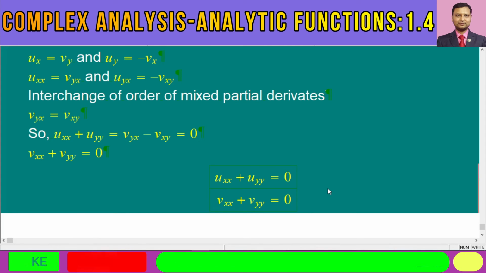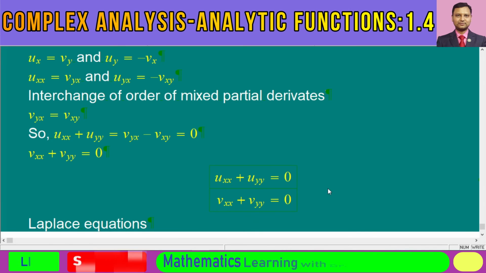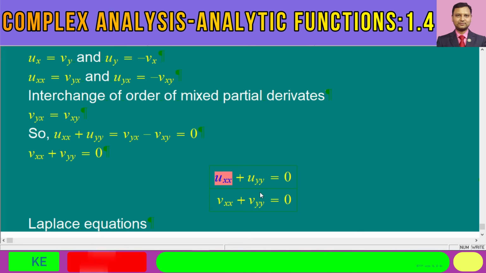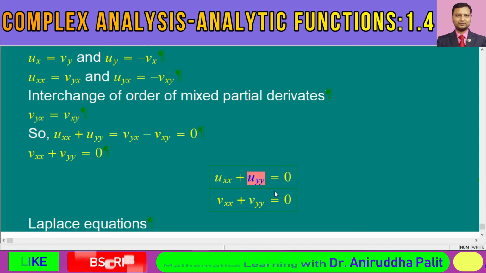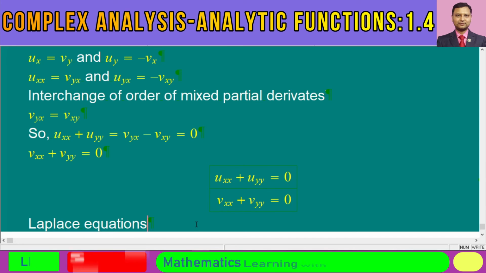These two partial differential equations are called Laplace equations. The double derivative with respect to x plus the double derivative with respect to y. This kind of equation is called Laplace equation.